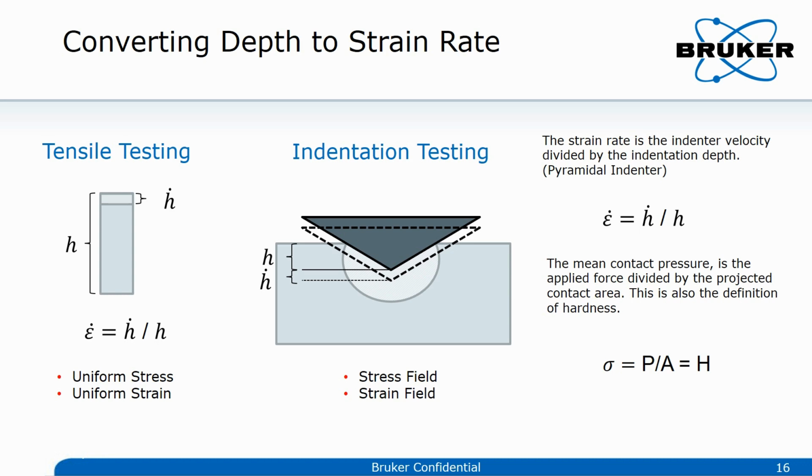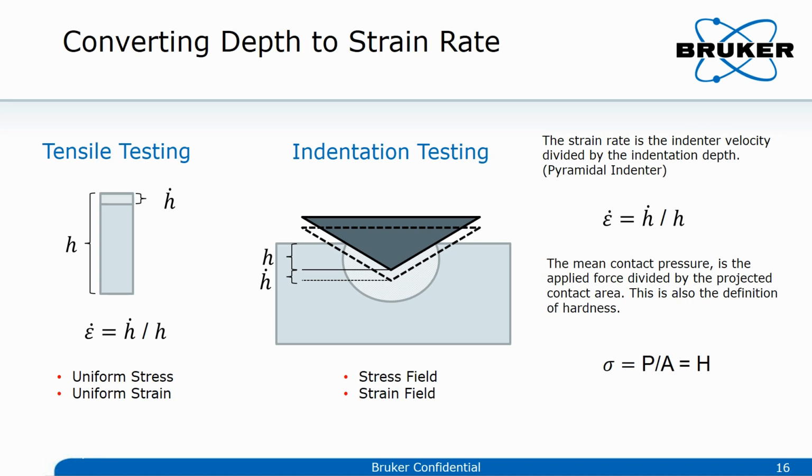In the indentation experiment, the situation is different because the indentation causes a stress field and a strain field under the indenter that is not uniform. The length scale that we have to determine a strain rate is the contact radius or the contact depth, and therefore the strain rate for the indentation experiment is defined as the speed of the indenter divided by the depth of indentation.